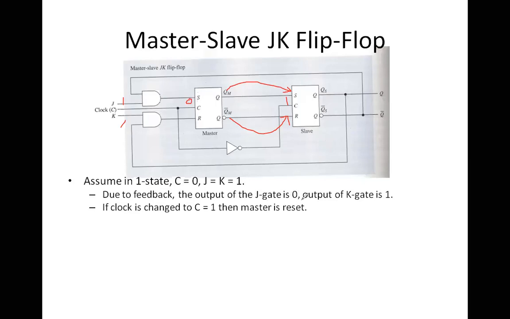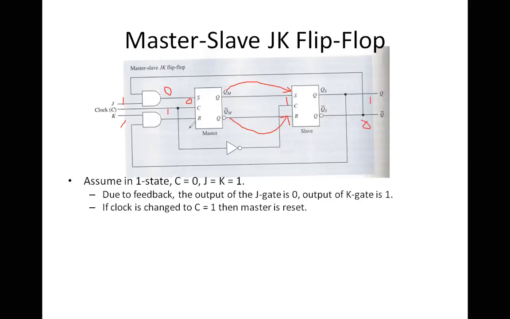How is it 0? Because there is nothing here. So the output of J is 0 and the output of K is equal to 1. If I assume that this is 0, then this should be 1. So 1 into 1 will give me 1.